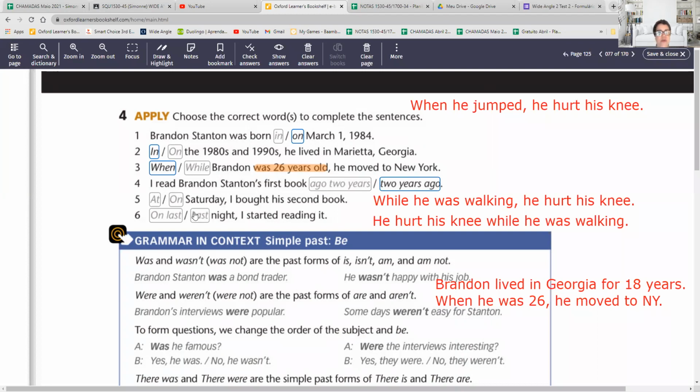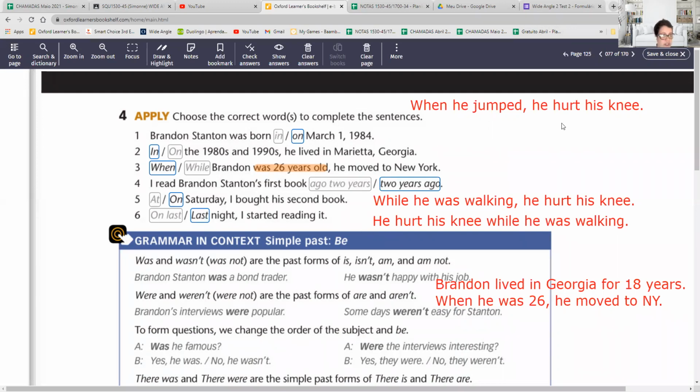Yes, very good, Manu. On Saturday, I bought his second book. Okay, number 6. Last. Yes, last night. Okay, we know that we do not use a preposition before the words last or next. Okay, no preposition there. So last night I started reading it.